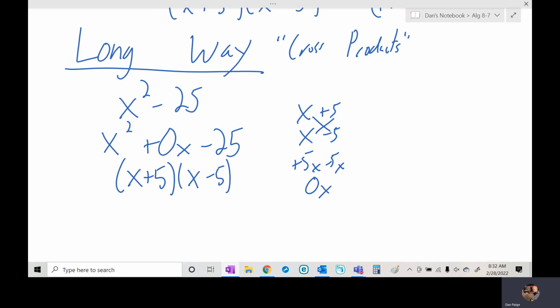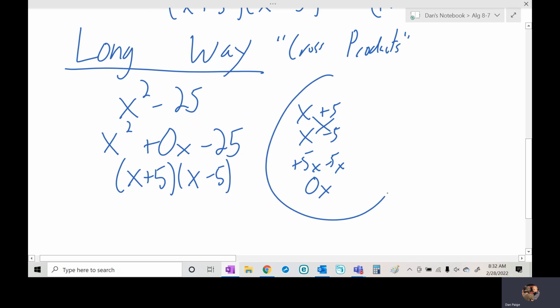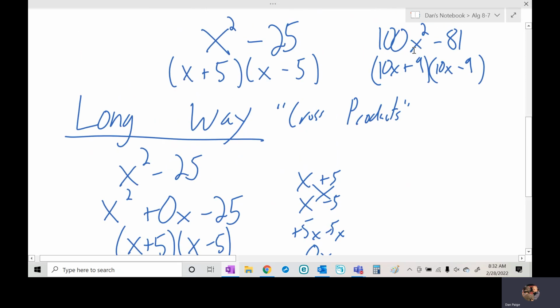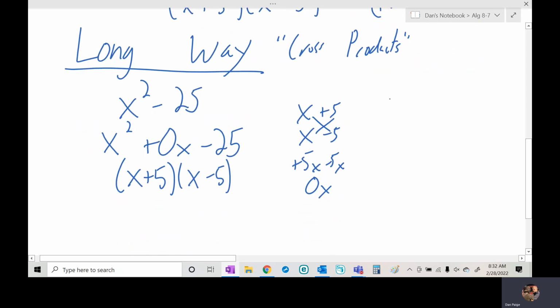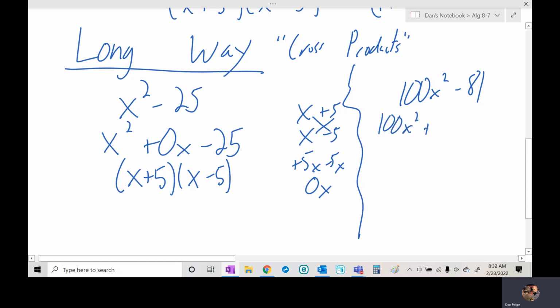We want to save the time. We don't want to do all of that if we can instantly get the answer. I want you to not have to show your work on some of these. If I asked you how you got that answer, you'd say, that's a difference of squares. It's the same thing with the other one, 100x squared minus 81. It's really like 100x squared plus 0x minus 81. You don't need to write this out.